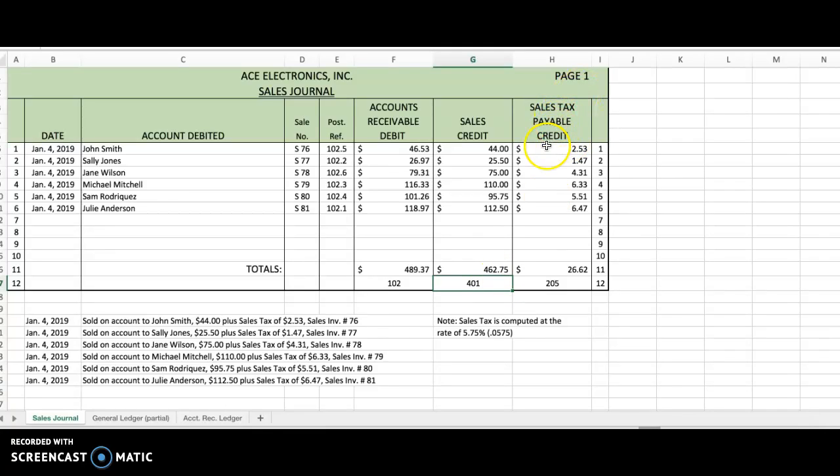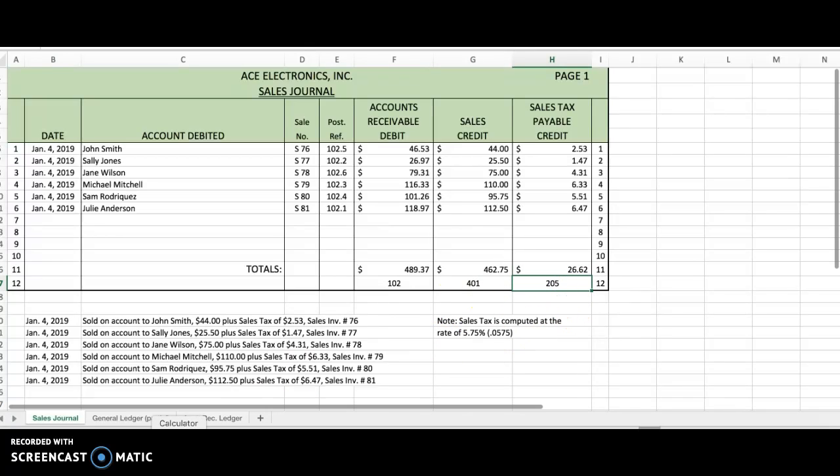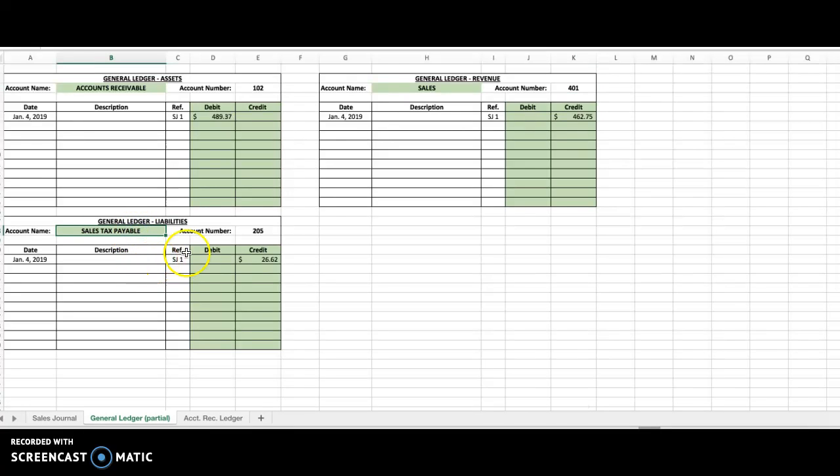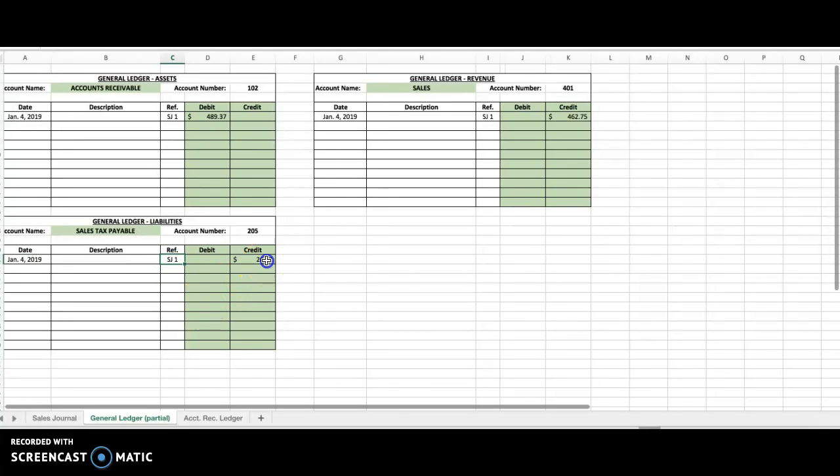Sales tax payable is a liability, and again, the total of all of those sales tax amounts add up to $26.62, and it goes to account 205 in the general ledger, and you see it down here. Sales tax payable is a liability account, and you know that any liability increases on the credit side, and we see it there, the debit, sales journal page 1, and the credit of $26.62.